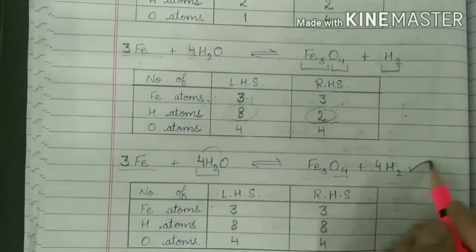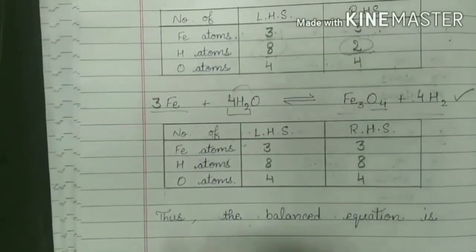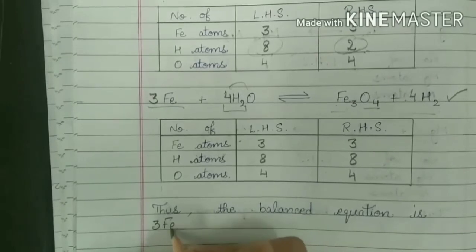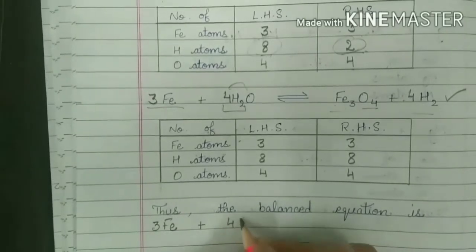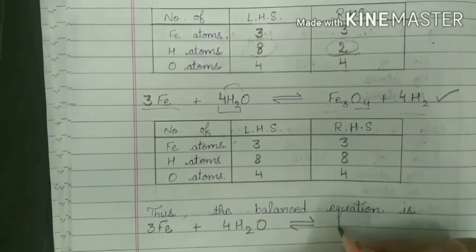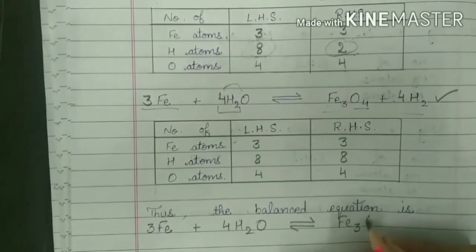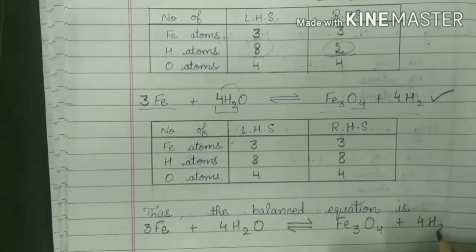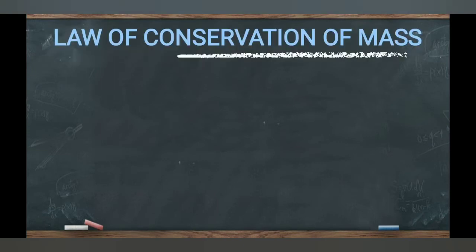So this is the balanced equation here. So the balanced equation is 3Fe plus 4H2O gives Fe3O4 plus 4H2.